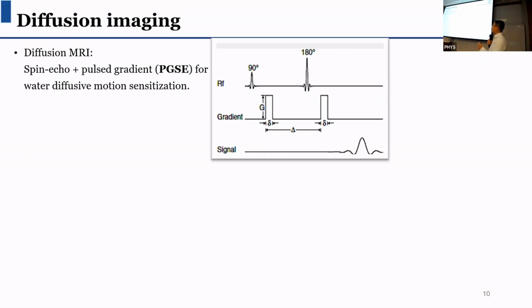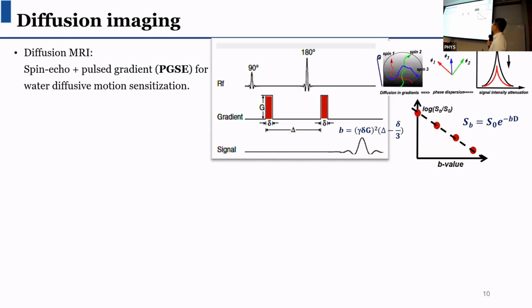Because we add this gradient, the red one, in one direction, the spins will experience motion from one place to another. The further it goes, the deeper the signal decay due to this diffusion gradient will be.